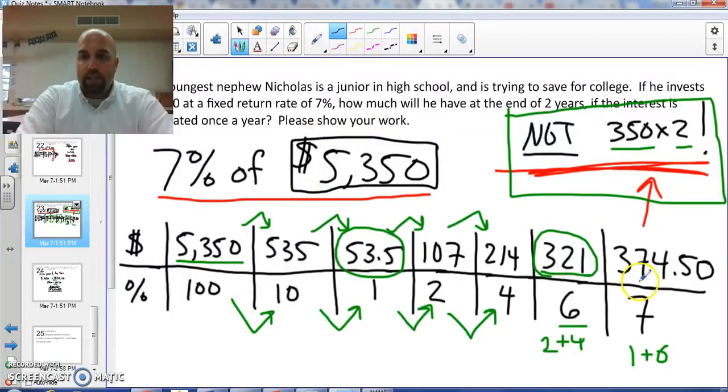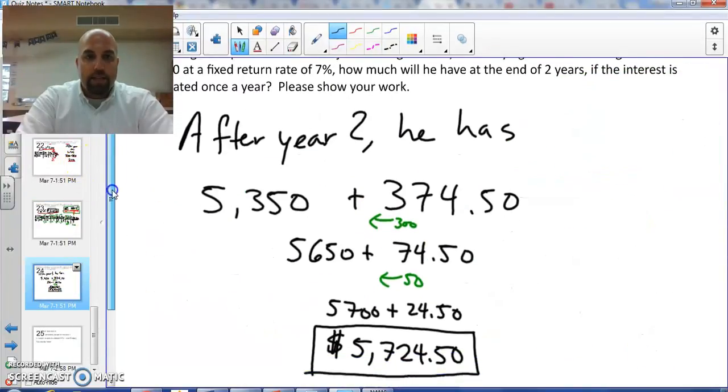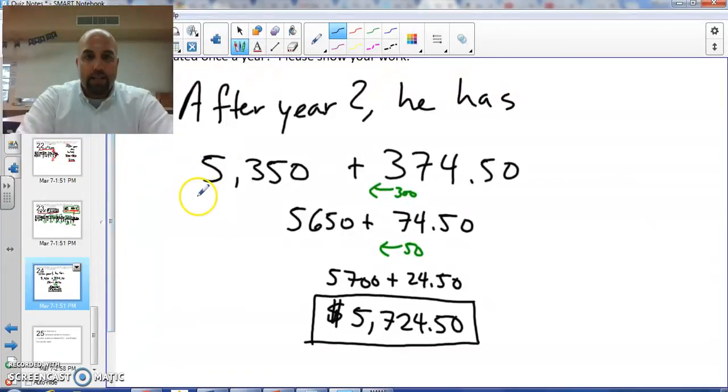Okay. So in the second year, that's what I made, $374.50. So what that means is after year 2, I started with $5,350. I made $374.50. So I'm just going to add them together. I'm going to add 300, get 5,650 plus 74.50.